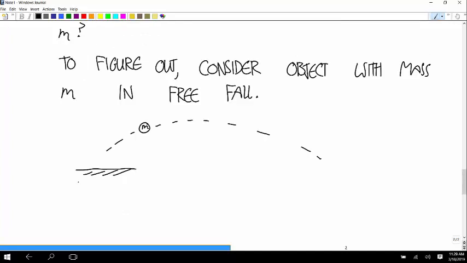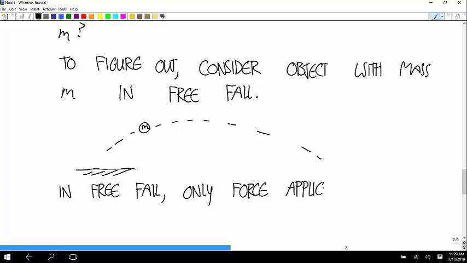An object in free fall only has gravity acting on it. That's the definition of free fall. So the only force applied is gravity.